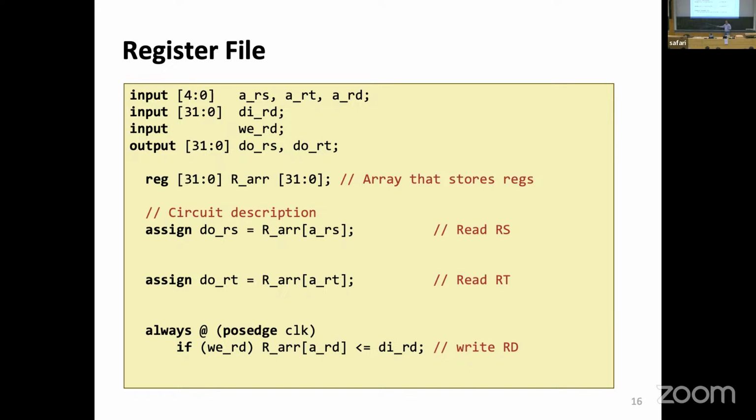The writing will happen when the clock comes. So I can take S0, modify with S1, and write back to S0. There's no problem. I'm not overwriting the same thing. It will be overwritten on the next clock cycle. This is how we were doing all the digital circuits.